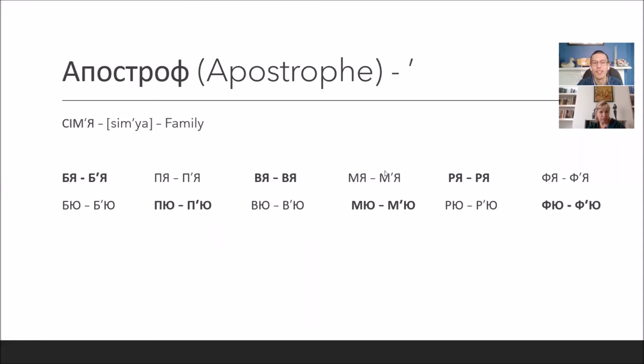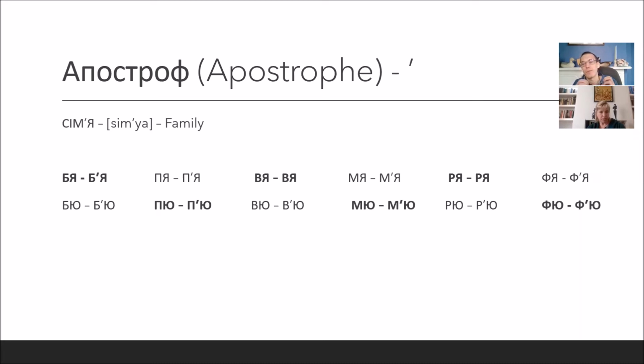Okay, very well. Then there is also a part of the Ukrainian language that is not a letter, but still very important, which is the apostrophe. Yeah, and I think it's clear what it means. For example, how does it function?